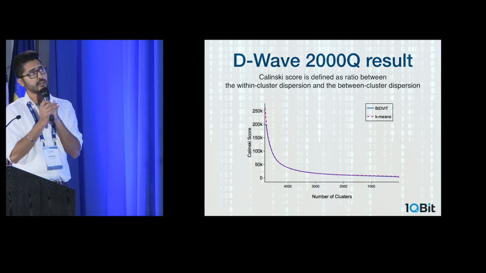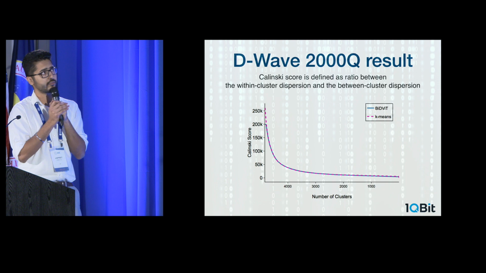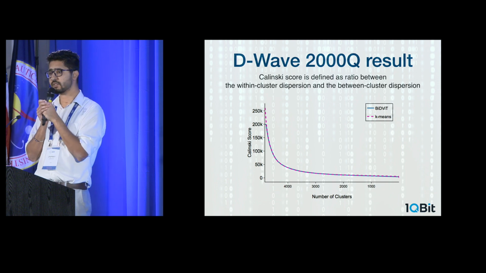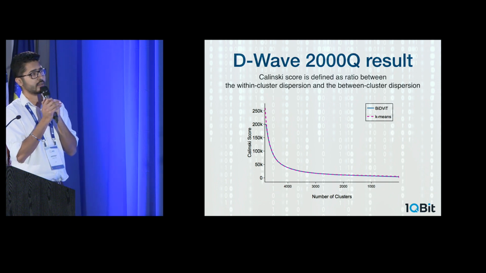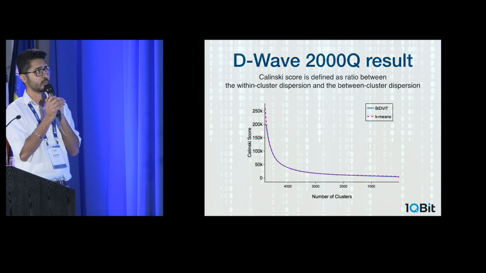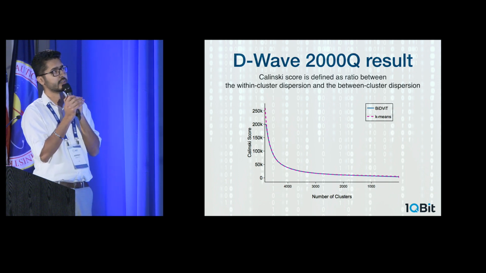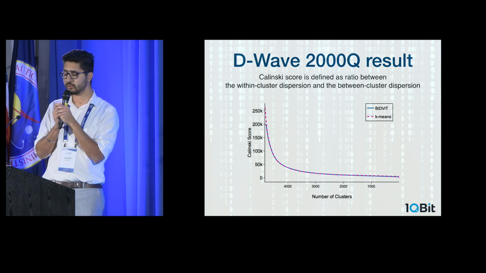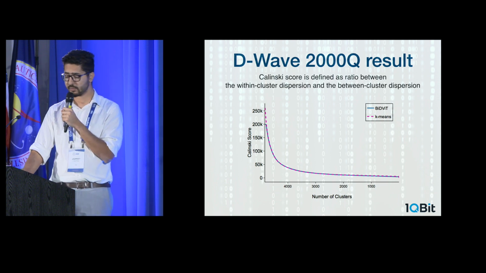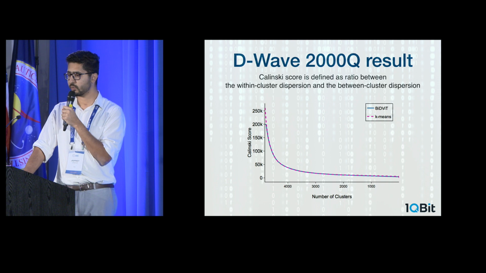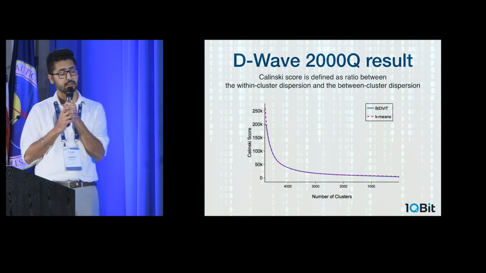We are comparing it with one of the well-known clustering algorithms, which is k-means. And we were actually surprised when it did so well in the scoring. And this is the score that's traditionally used to see what kind of clustering happened. It's defined as the ratio between within-cluster dispersion and between-cluster dispersion.